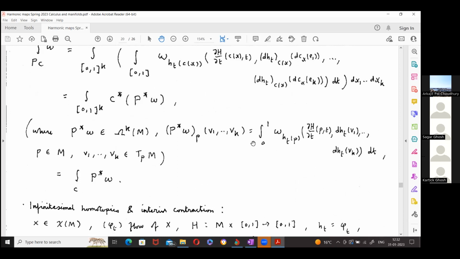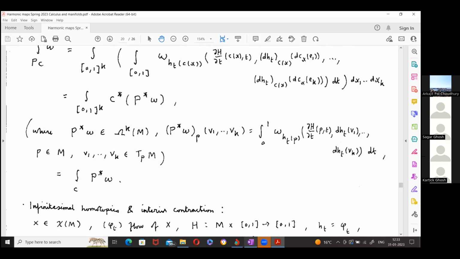So this is an integral from 0 to 1 of omega at h_t(p) applied to ∂h/∂t of (p, t), dh_t v1 up to dh_t vk. These are k+1 vectors in N. So omega acts on these k+1 vectors in N to give a real number. Integrate over t going from 0 to 1. Notice this will be multilinear in v1 to vk and alternating in v1 to vk, so this will become a k-form on M.